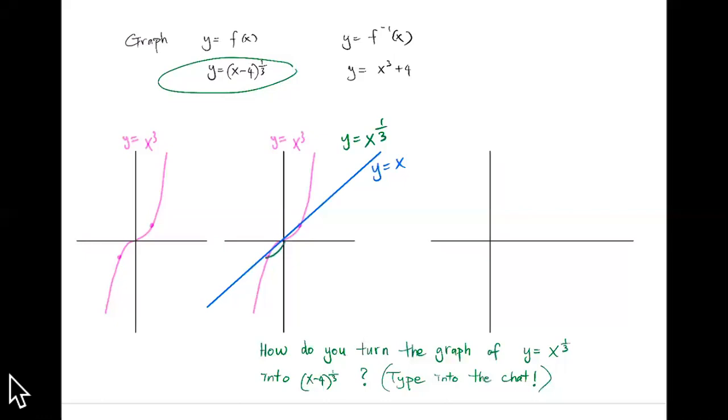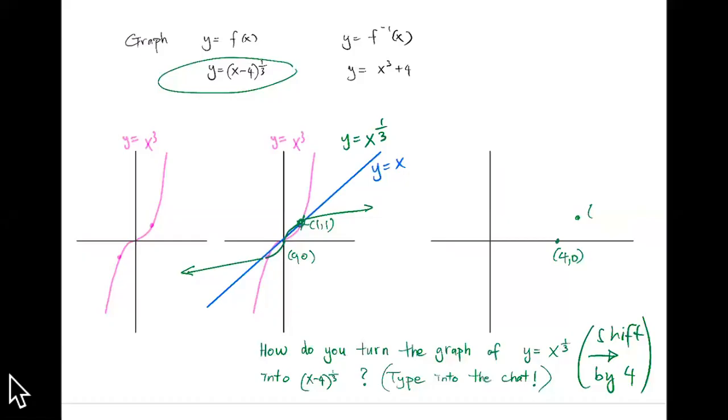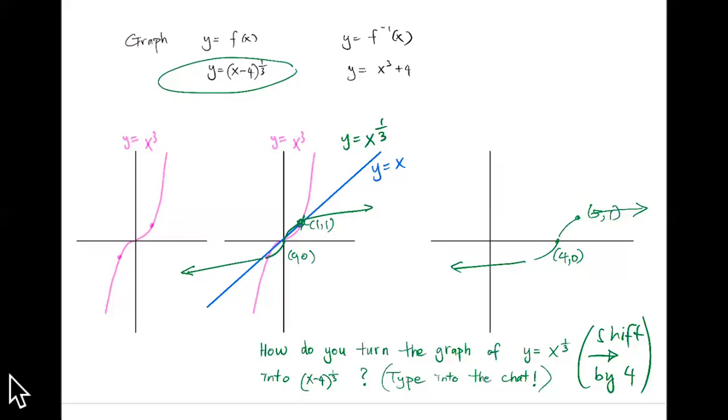So this is the sketch of my graph. And to turn this green graph into what I want, I would shift to the right by 4. My 0, 0 point turns into 4, 0. My 1, 1 point turns into 5, 1. And this is the sketch of my graph.